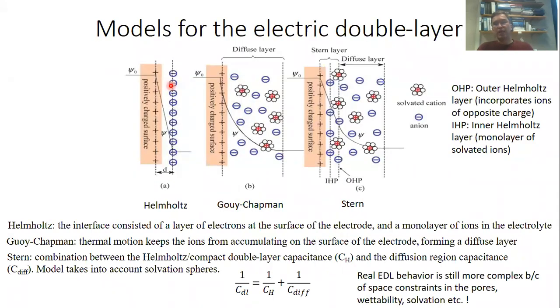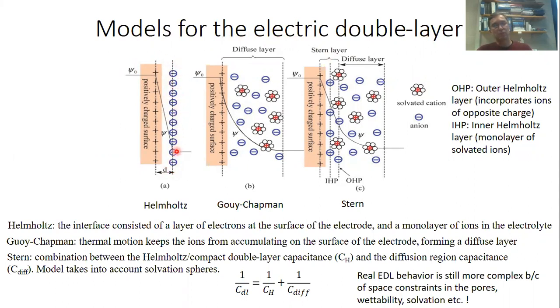All right, so last but not least, let us look a little bit more closely at how we can model the electric double layer that gives rise to the capacitance. There are three basic models known that differ somewhat in complexity. The most simple model is the so-called Helmholtz model.